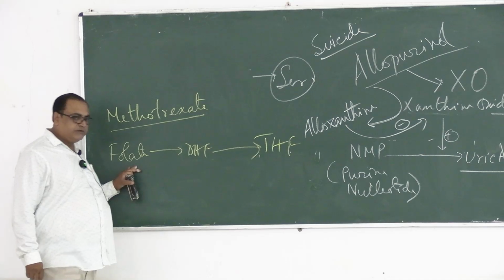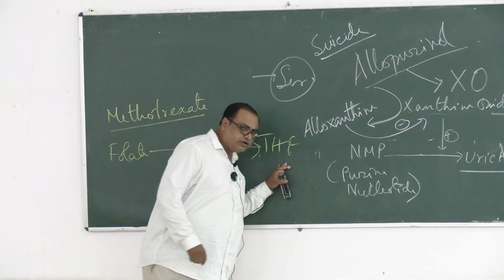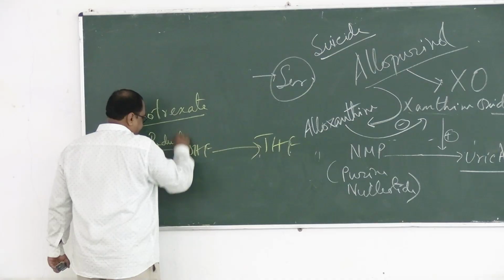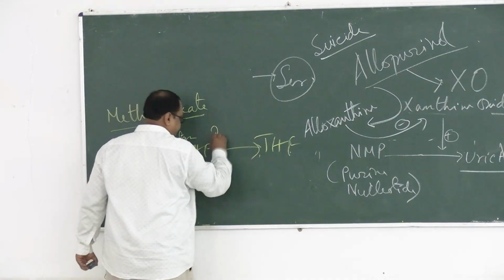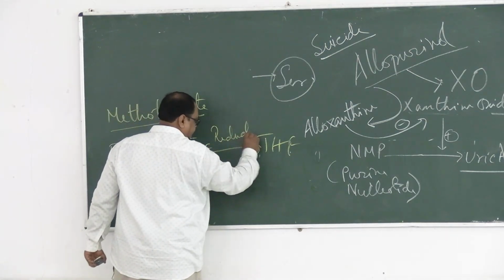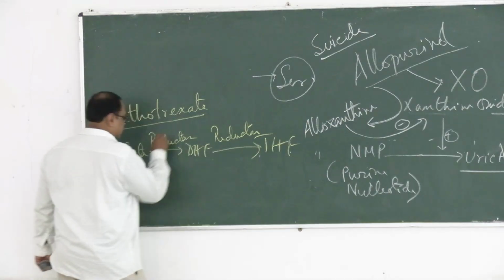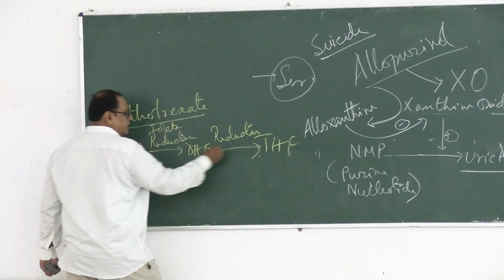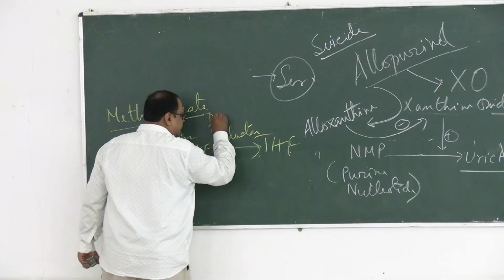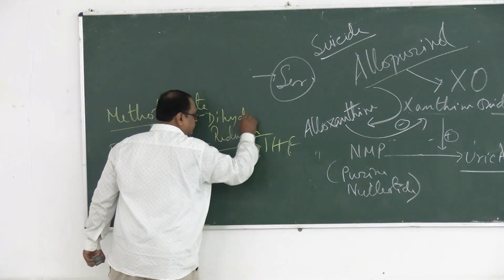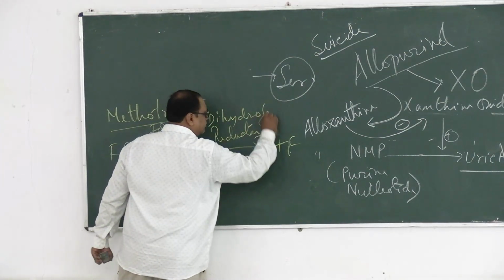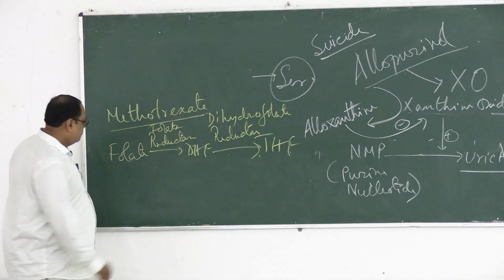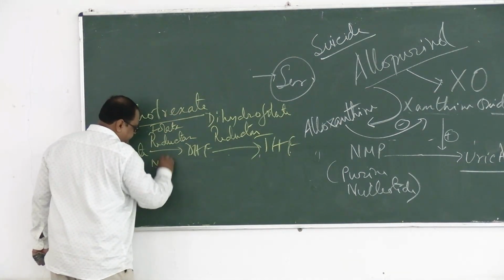Folate converts to dihydrofolate, converts to tetrahydrofolate by the corresponding reductase enzyme. What is the name of this one? Folate reductase. Name of this enzyme? Dihydrofolate reductase. Both require NADPH.